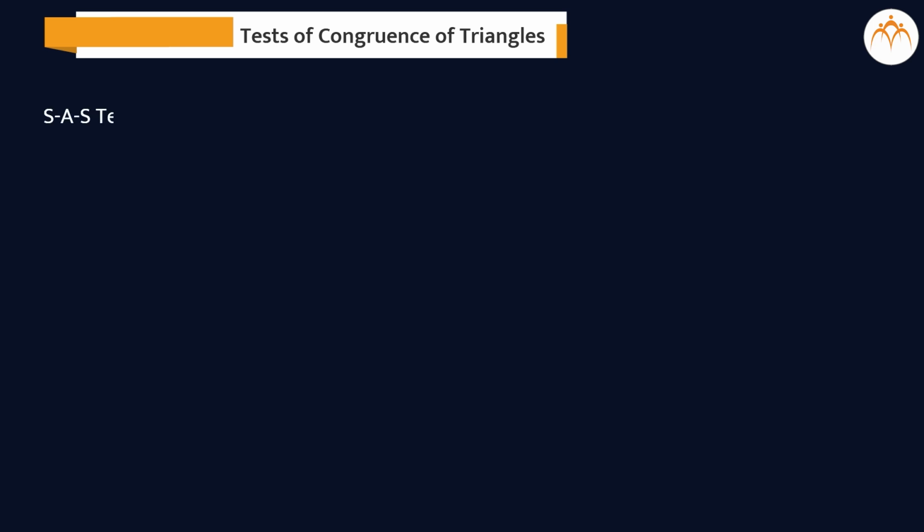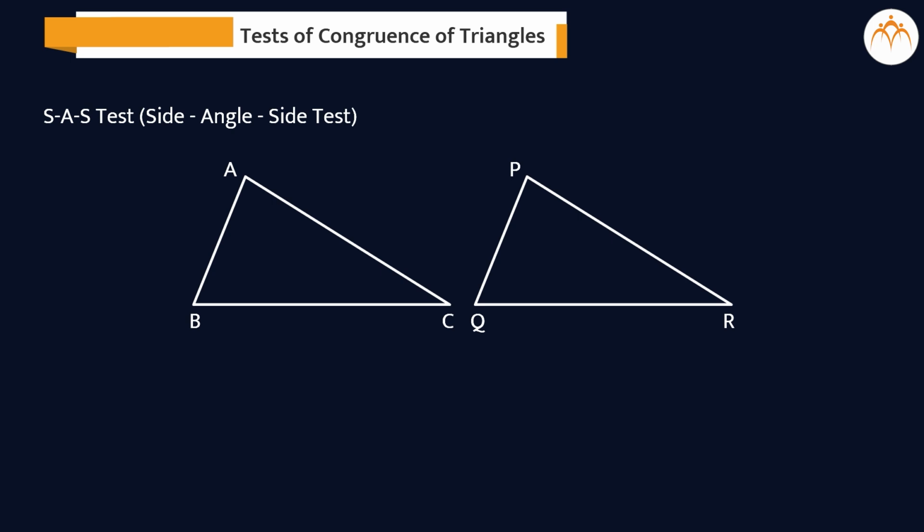Second, SAS test, side angle side test. Observe these figures. In triangle ABC and triangle PQR, AB is congruent to PQ, BC is congruent to QR, and angle ABC is congruent to angle PQR, meaning two sides and the included angle of triangle ABC are congruent to two sides and the included angle of triangle PQR with 1-to-1 correspondence.